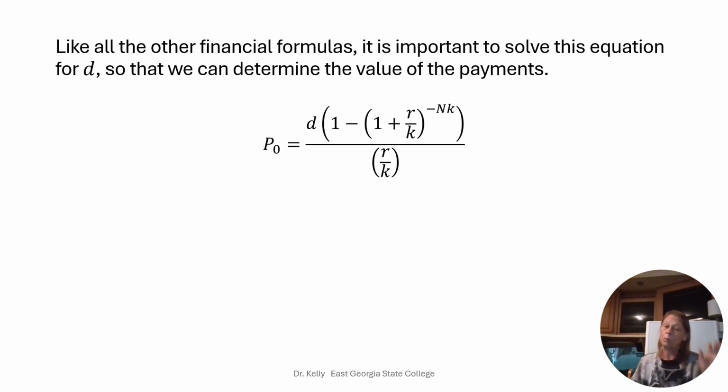Remember, the difference between the annuity formula and the payout annuity formula is really, really close together. Not the word, but that's what I'm trying to say. Brain not working. Let me show you real quick.